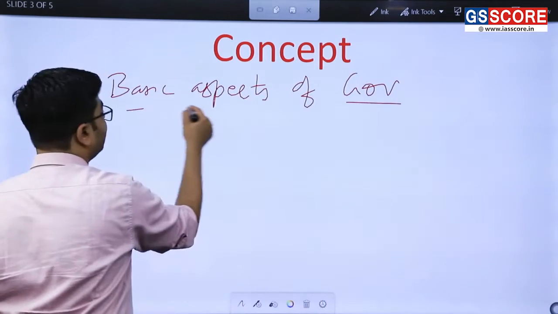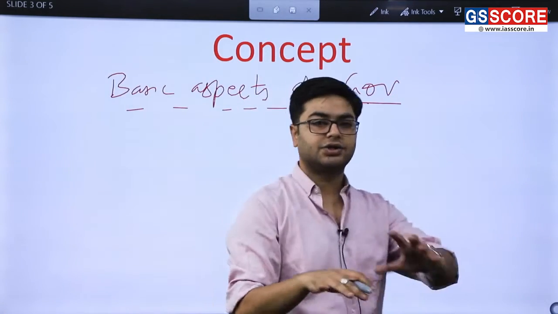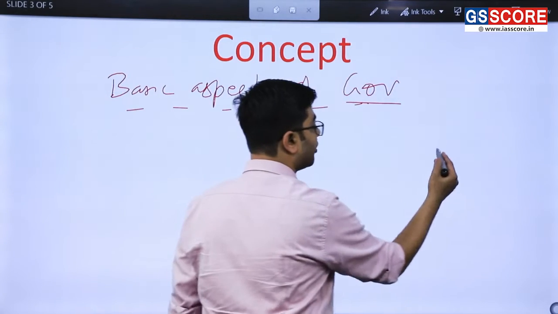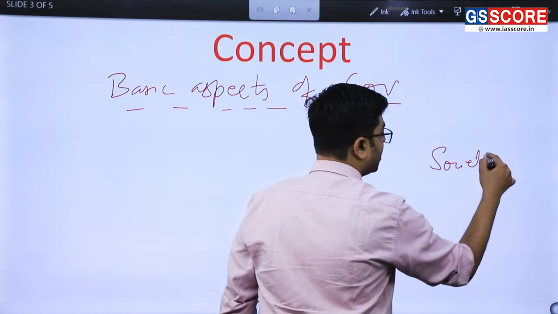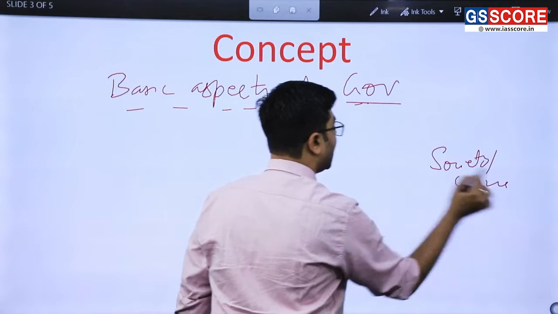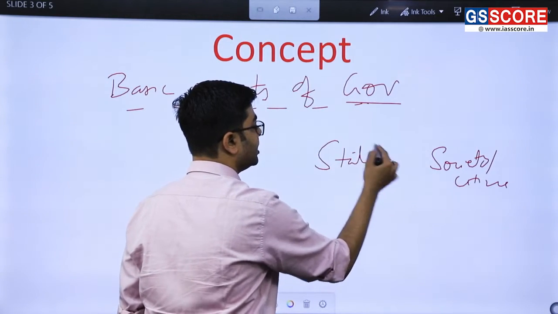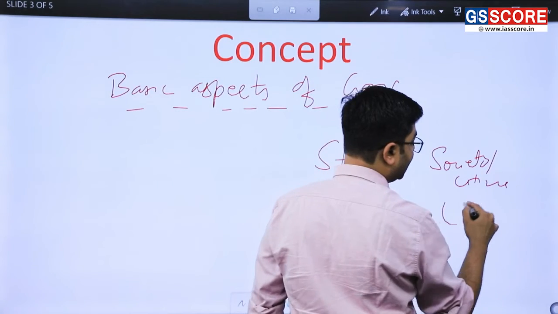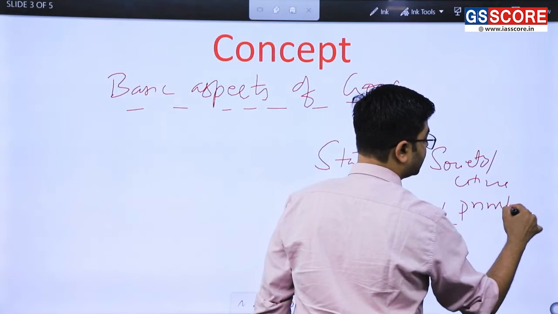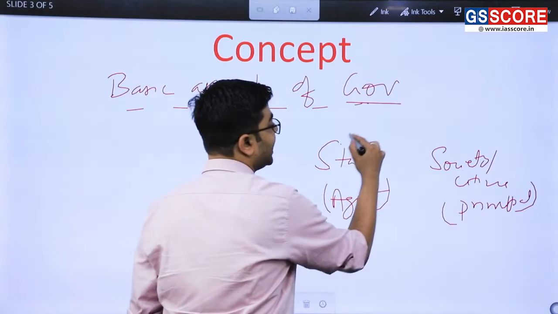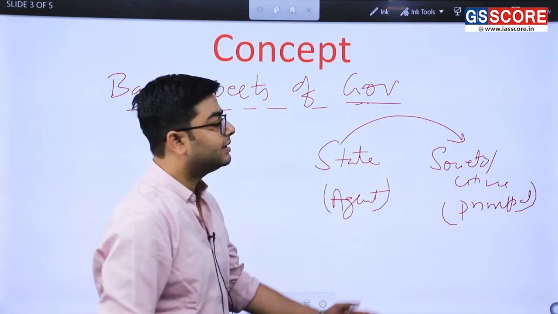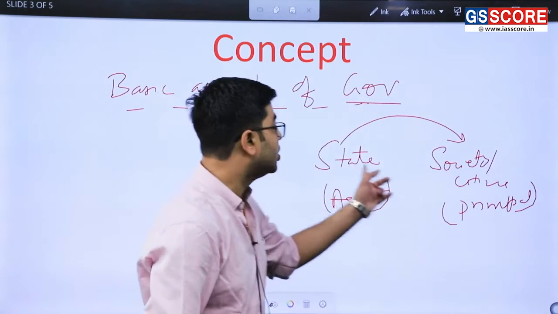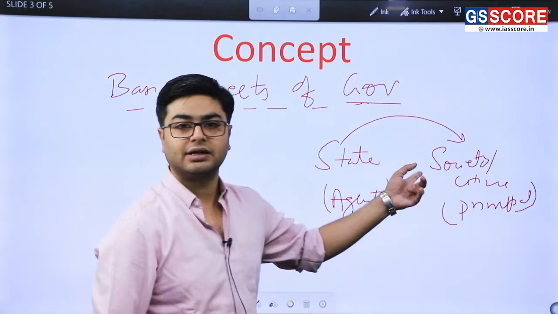If we look at the basic aspects of governance, we have a society or citizens, and then we have a state, where the state is an agent and society or citizens are the principal, in which the state is entrusted by the society and citizens to work in their interest.